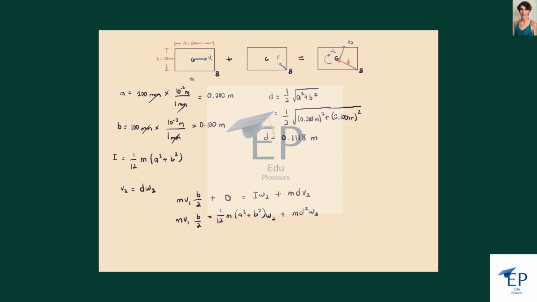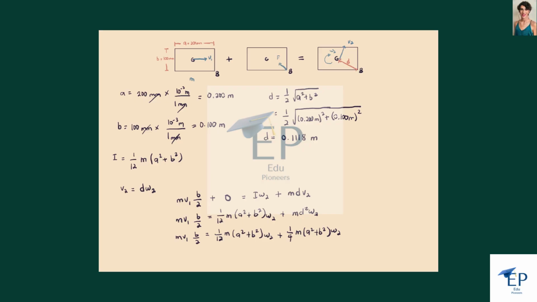Substituting the equation for d that we got earlier, 1/2 of the diagonal, this becomes m v1 b over 2 equals 1 over 12 times m times a squared plus b squared omega 2 plus 1/4 m times a squared plus b squared times omega 2.